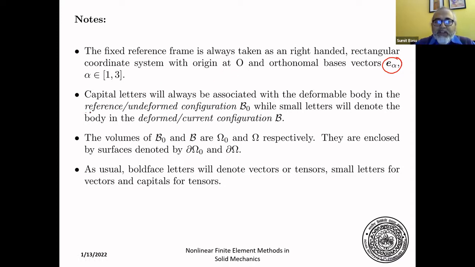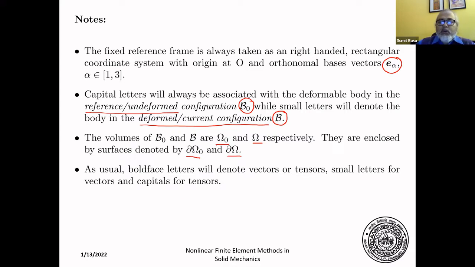We will talk about the reference configuration or the undeformed configuration, and the undeformed configuration we will denote always by this symbol B naught, and we will also talk about the deformed configuration, which we will also call the current configuration, and we will denote that by B. We will have to deal with the volumes of these bodies, so B naught and B, the reference and the current configurations, and the volumes would be denoted by omega 0 and omega respectively, and the surfaces will be denoted by del omega 0 and del omega.